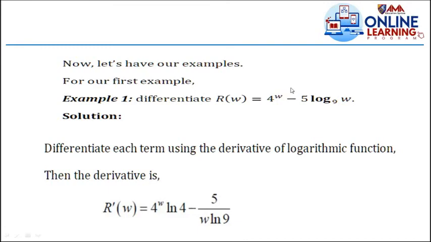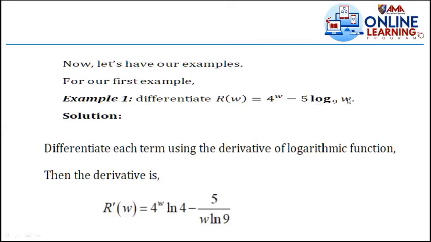So with that, a raised to u ln a multiplied by du all over dx. But our du is equivalent to 1. So therefore, the first derivative of 4^w is equal to 4^w ln 4. That is our answer.